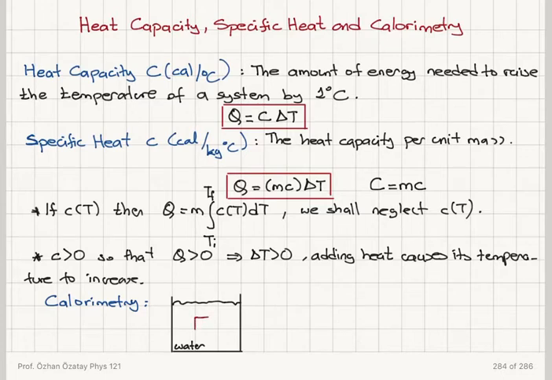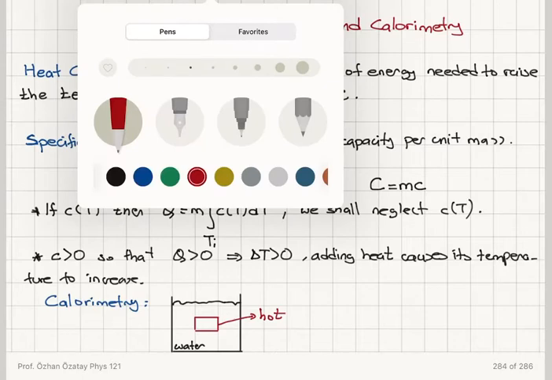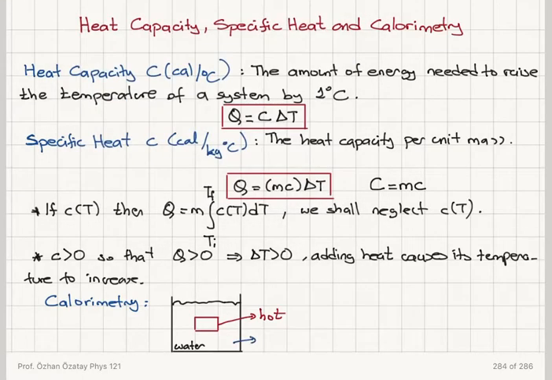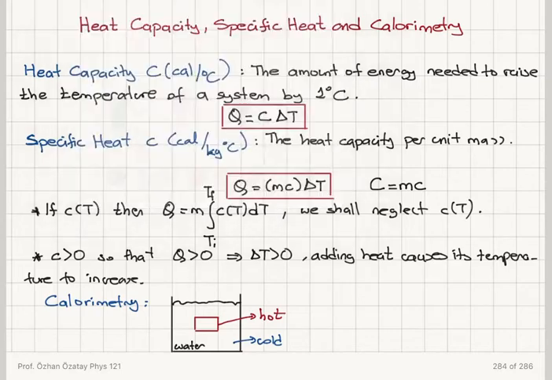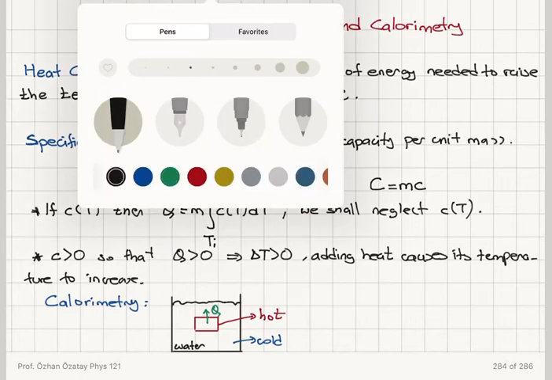So this is object X. It's a hot object. So basically I note that this is hot object and this is cold water. And if you put a hot object into the cold water, what will happen is that heat will flow from the hot object to the cold water, so that the temperature of the hot object will decrease, the temperature of the cold water will increase.